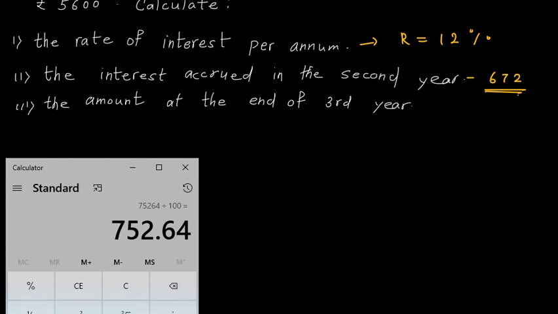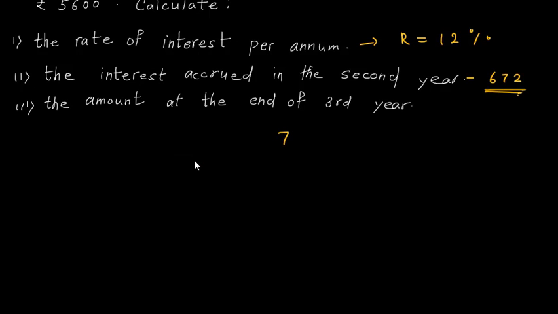This interest I will add to the principal at the end of 2 years, that is 5600 plus 672, to get the amount at the end of 3 years.